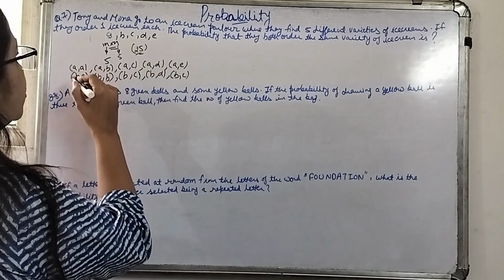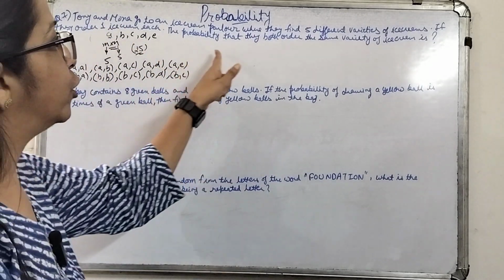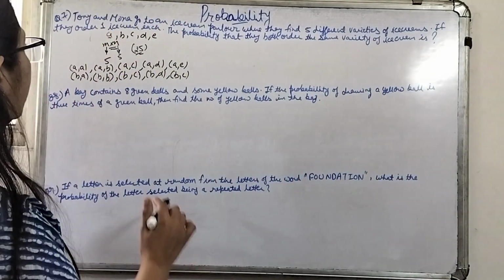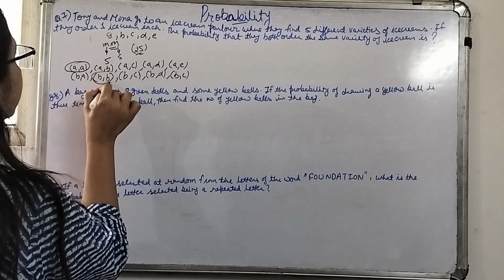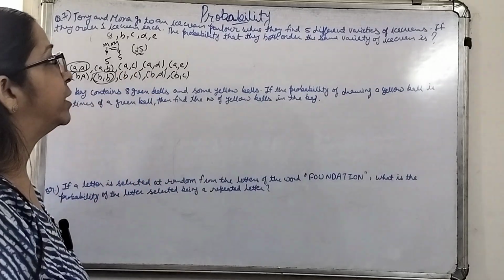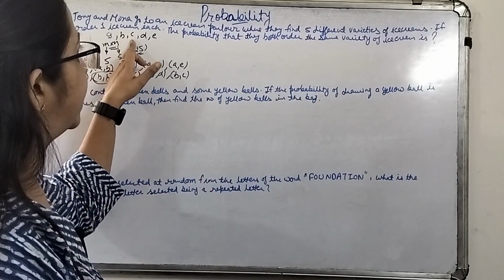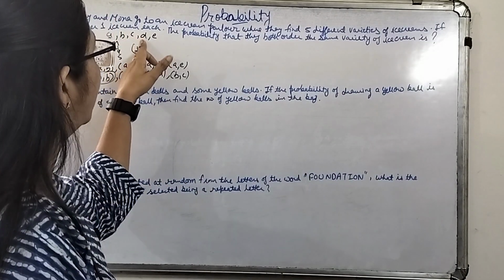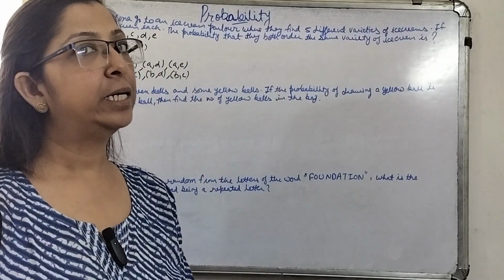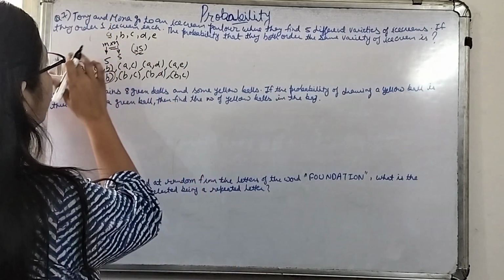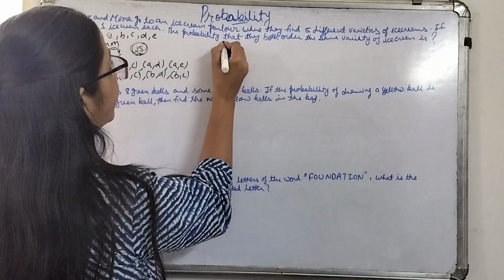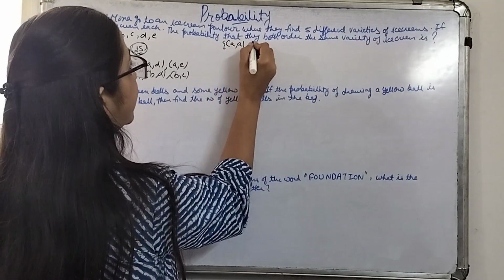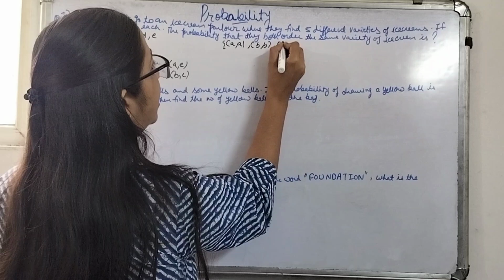Now from these 25 possible outcomes, the favorable outcomes will be when both are selecting AA, when both are selecting BB. Again, it could be if both are selecting C type of ice cream, if both are selecting D type of ice cream, or if both are selecting E type of ice cream. So total possible outcomes is 25, and the favorable outcomes are when both are selecting the same type of ice cream.